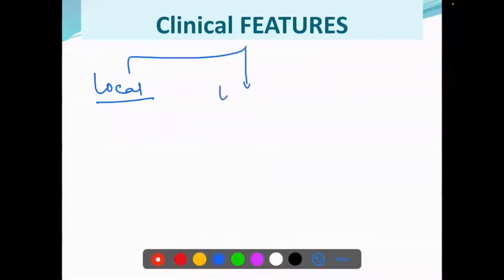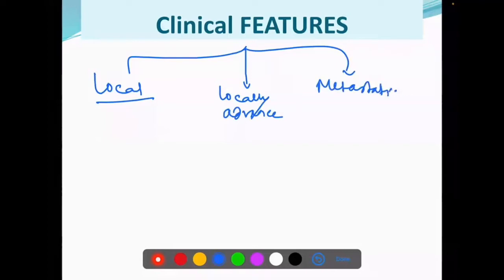Locally advanced means the cancer has spread to surrounding structures, and there are some specific symptoms they produce. Metastatic: if they go to other organs, they produce different types of symptoms.